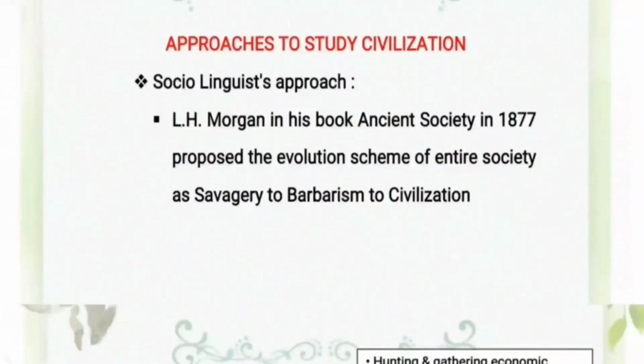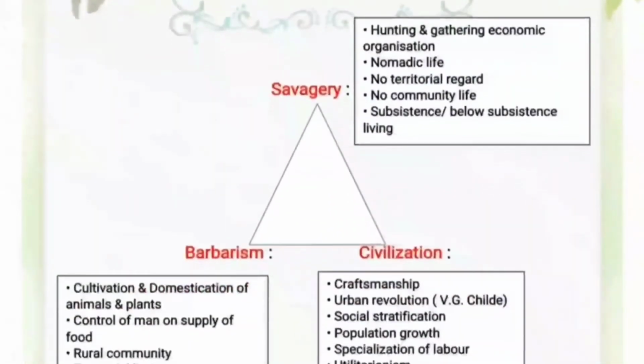Now we'll discuss them one by one. In savagery, we'll see what their organization actually is, the characteristics at that time. The people at the savagery time were hunting and gathering organizations. They lived a nomadic life, so they had no idea about any territorial regard. They did not have any territorial control or anything like that.